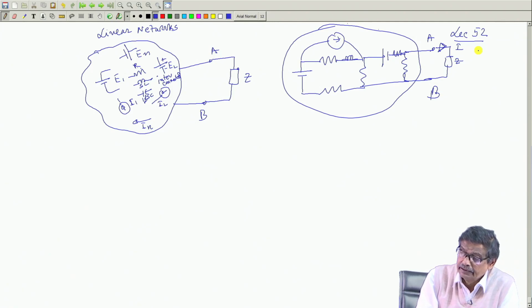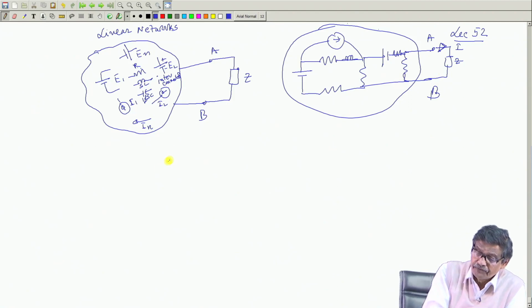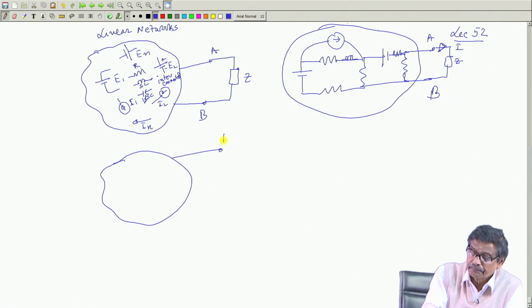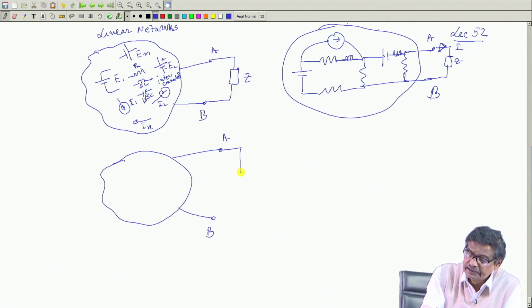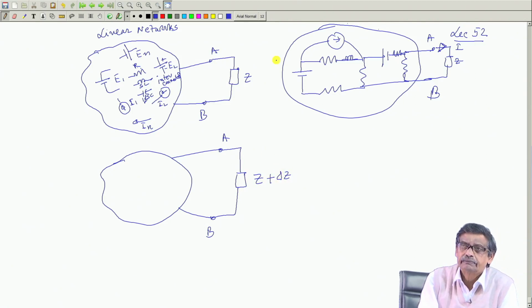Now, listen carefully. Suppose in this same network, I have changed this impedance to Z plus some delta Z. I have varied this impedance.